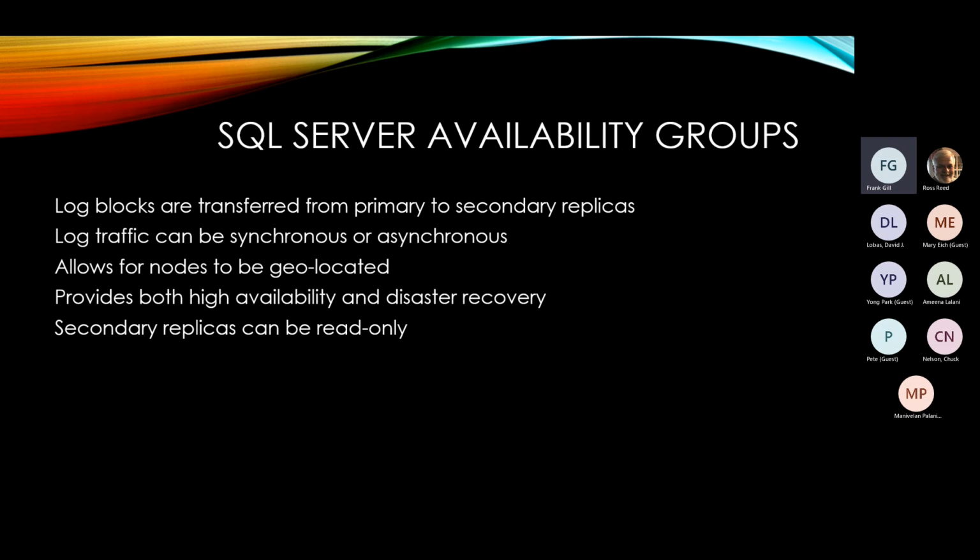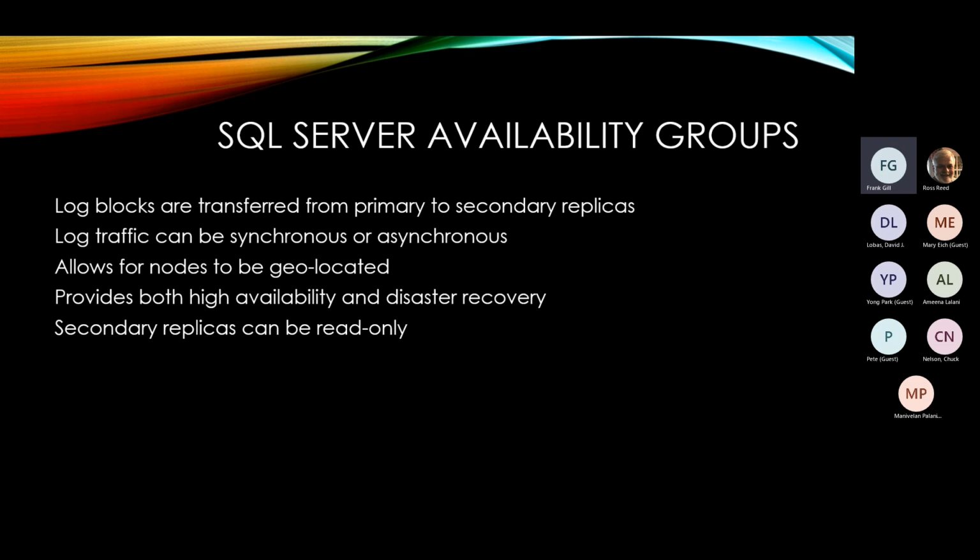Asynchronous is for disaster recovery. So I've got my 2 replicas running in data center 1, providing high availability. I've got data center 2 that may be 10 miles or 100 miles or 500 miles away. Because of the way electrons work and physics works, as you increase the distance between those replicas, you also increase the latency with which communication happens.